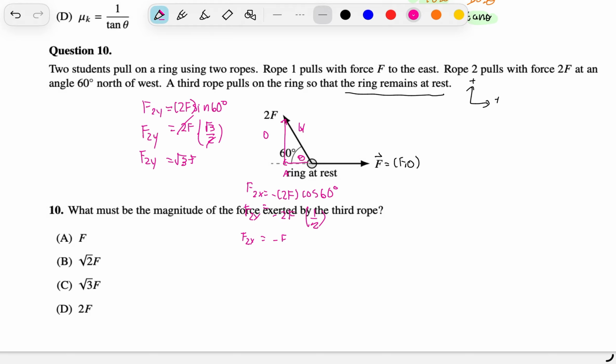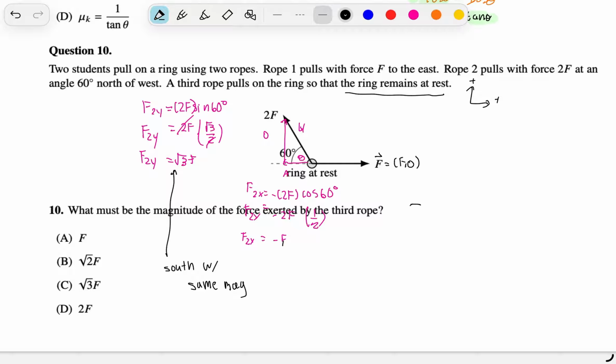So in order for the ring to remain at rest, you have to have the third rope pulled south with the same magnitude, because we only have this vertical force acting. We have no other vertical forces acting. We only have these two horizontal forces.